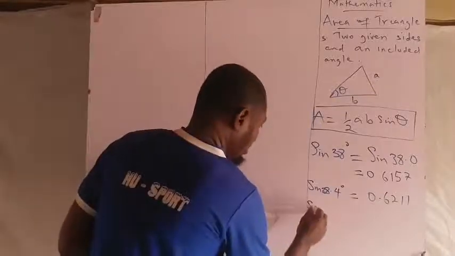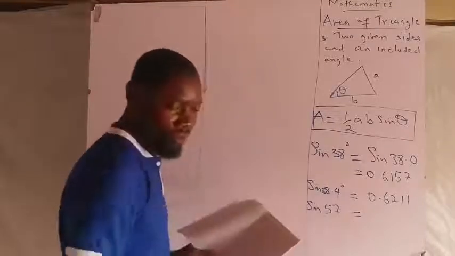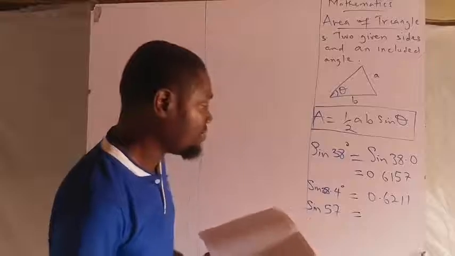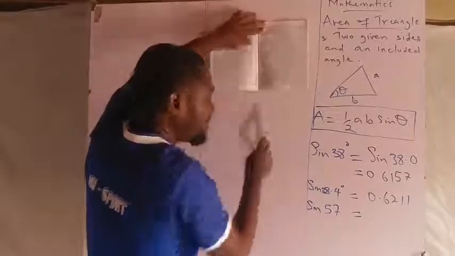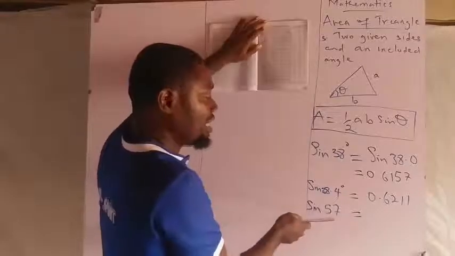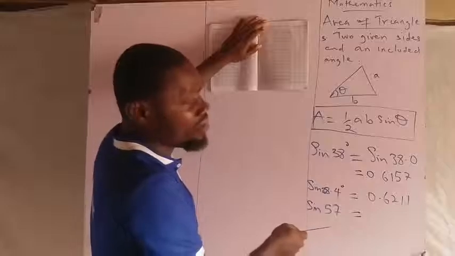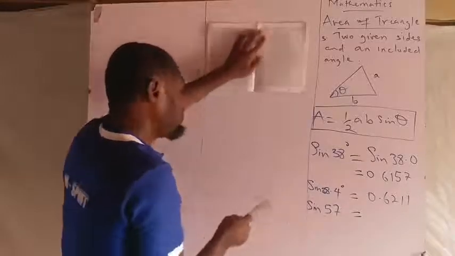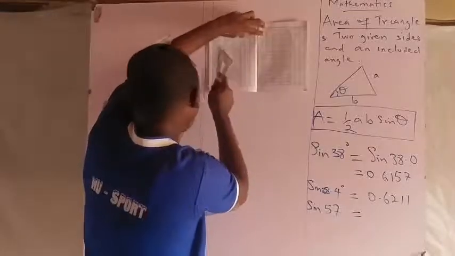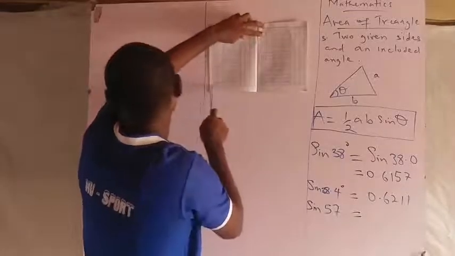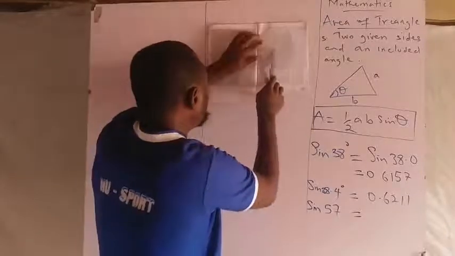Let's see sine 57. In this case, remember sine 57 is the same as sine 57.0. So sine 57 does not fall in the first page here because the first page is 0 to 44, and 45 continues.